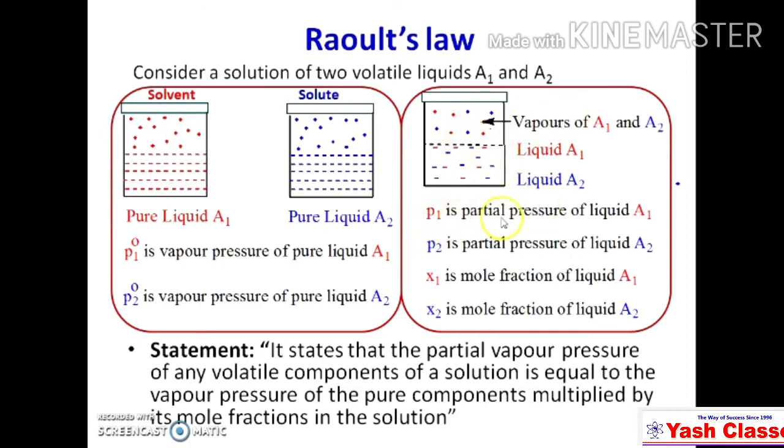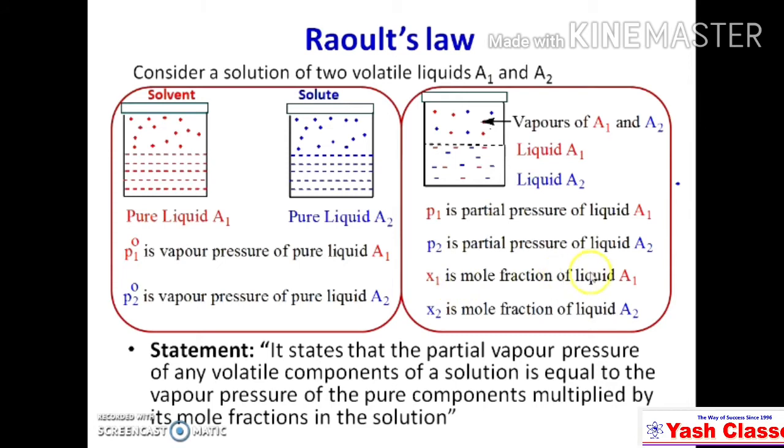So P1 is the partial pressure of liquid A1 when it is in solution. Similarly, A2 molecules in the vapor state exert pressure on the surface of the liquid, that is the partial pressure of A2, denoted by P2. So P2 is the partial pressure of liquid A2.